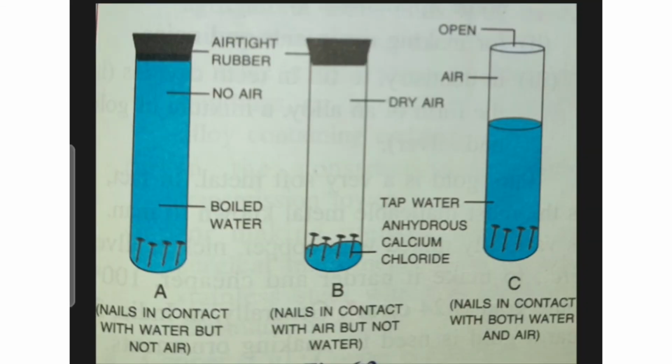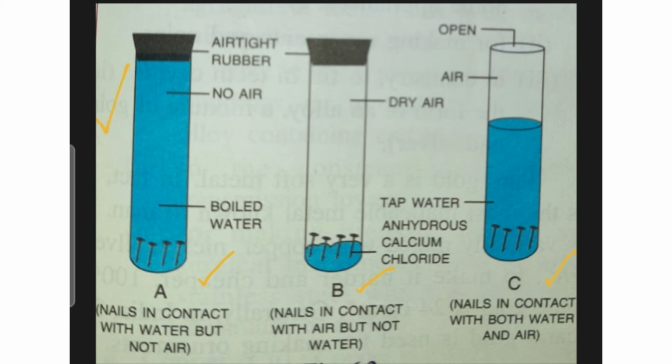Take 3 small test tubes marked A, B and C and put some bright iron nails, that are obviously not rusted or corroded, in them. In test tube A, put some boiled water, which expels all the air, that means oxygen, from it. Close it with a rubber stopper to make an airtight container.